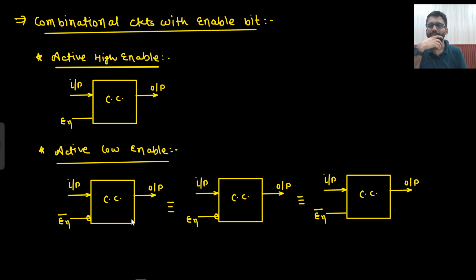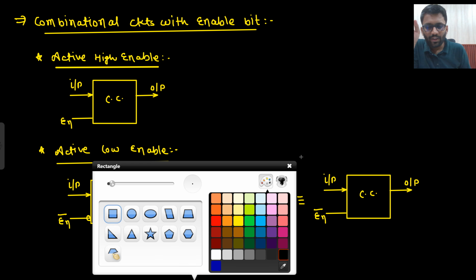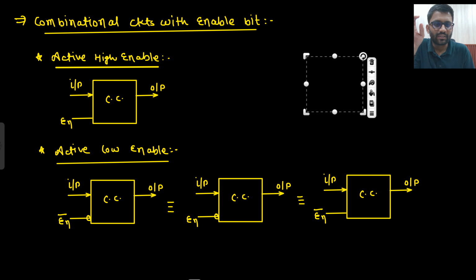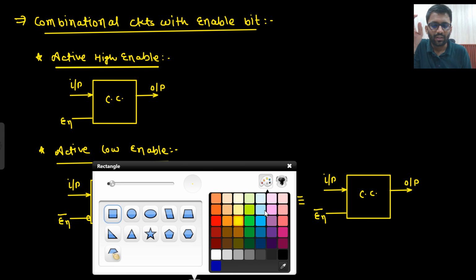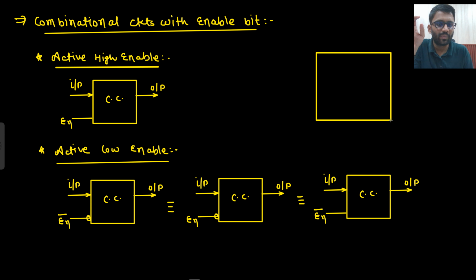Let's go to the next one. Before moving on to the next topic, I will tell something very interesting. In any combinational circuit, not just this MUX, there will be some input bits and some output bits.